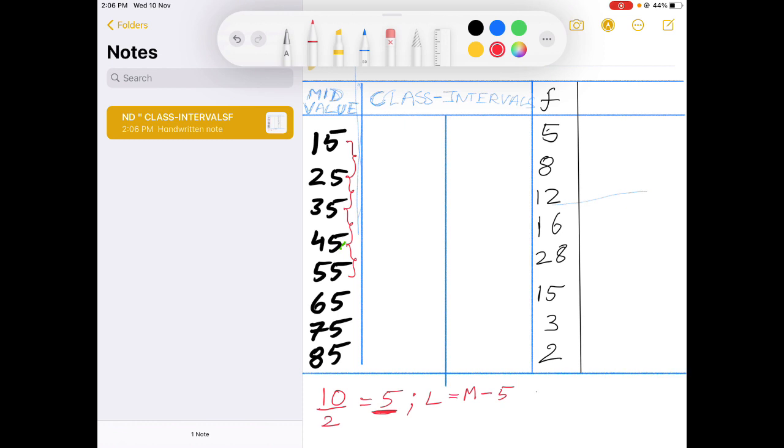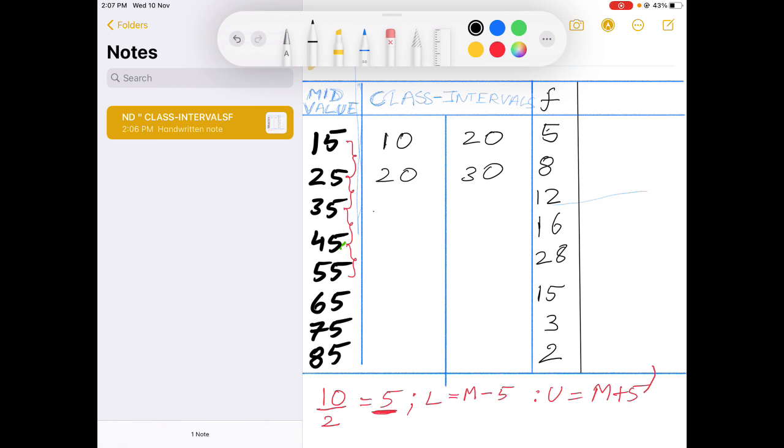Similarly, the upper limit will be midpoint plus 5. So for every class interval, to calculate the lower limit and the upper limit, we use this method. For the first midpoint, 15 minus 5 is 10, 15 plus 5 is 20. For the second midpoint, 25 minus 5 is 20, and the upper limit is 30.